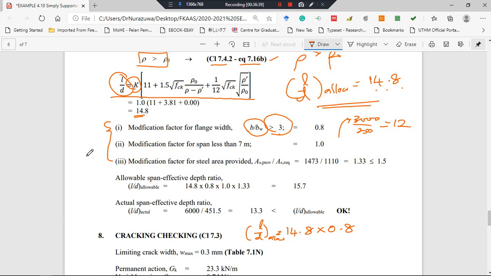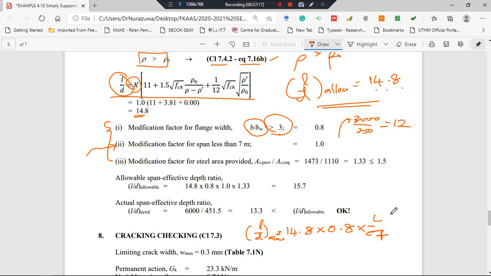Next checking is the factor for the span. Our span is 6,000. If it is 6,000, no need to modify the L over D due to the span. If more than 7 meters, you need to modify it with the span, which is L over 7.